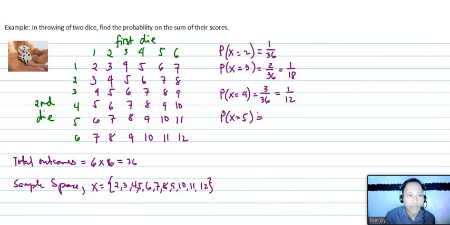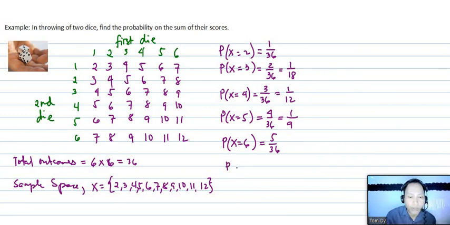How many 5's? 1, 2, 3, 4, so 4 over 36, and these are divisible by 4, so 1 over 9. The probability when x is equal to 6: how many 6's do we have? 1, 2, 3, 4, 5. So that is 5 over 36.